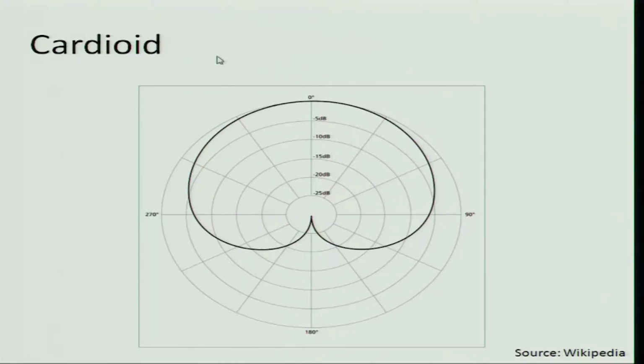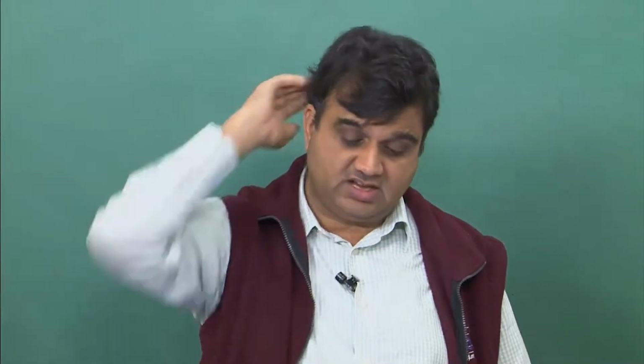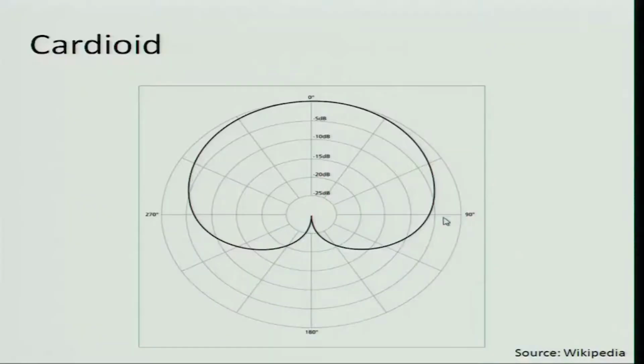What you see in cardioid response is that the microphone is most sensitive to the 0 degree direction, so it can hear very easily sound coming from the front. But if sound is coming from the back side, the response is 0. So it will be deaf to sound coming from the back side. And from the sides it can still hear something, but somewhat lesser, 5 to 7 decibels less at the 90 degree and 270 degree directions.